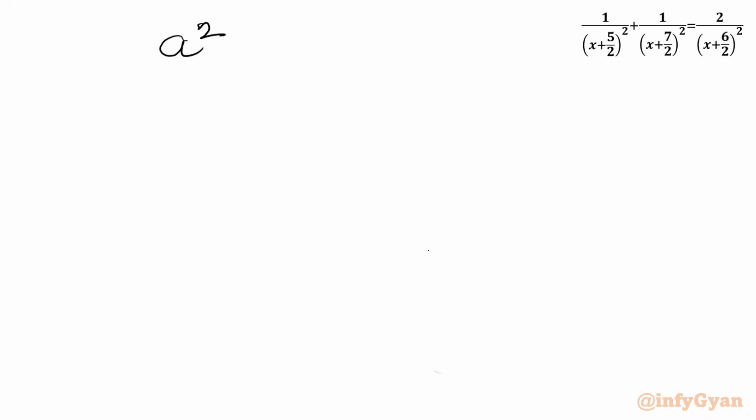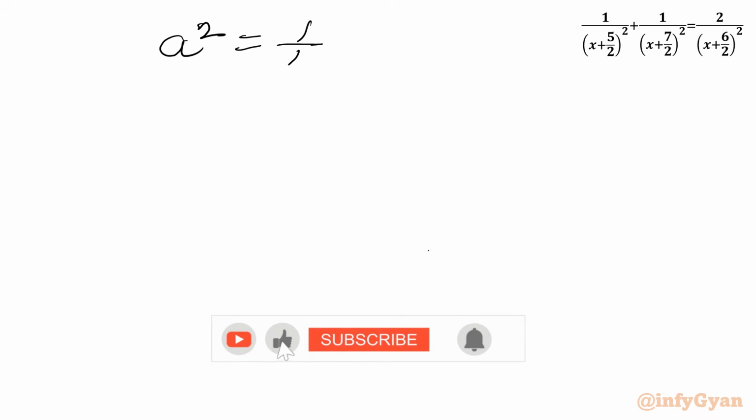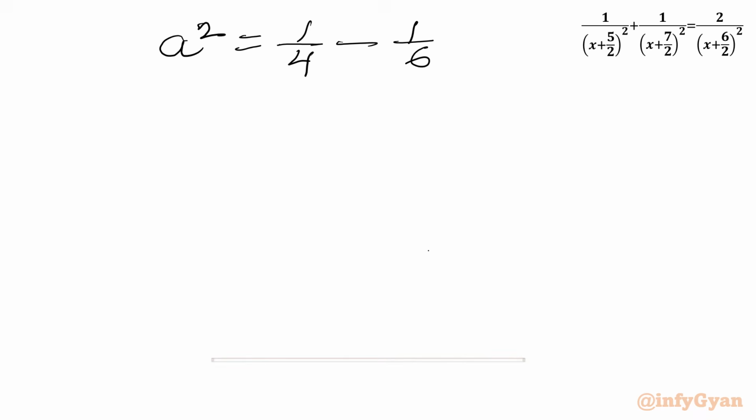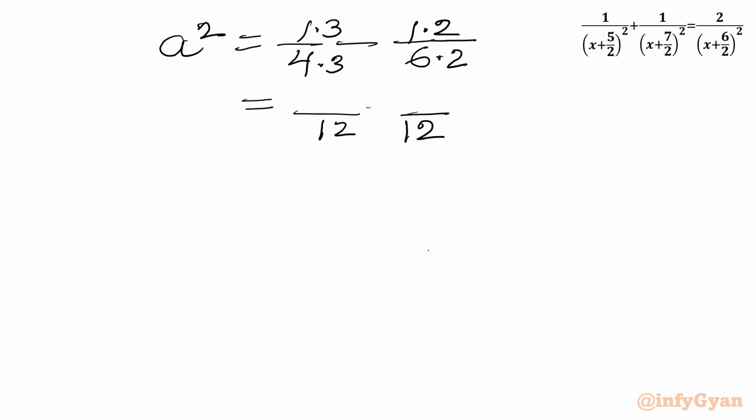Now here we can multiply by 3 in the numerator and denominator, and for this fraction we will multiply by 2 in the numerator and denominator. We will get common denominator 12. In between there is minus sign. Here we'll write 3, here we'll write 2. So in numerator 3 minus 2 we will write 1, denominator is 12.